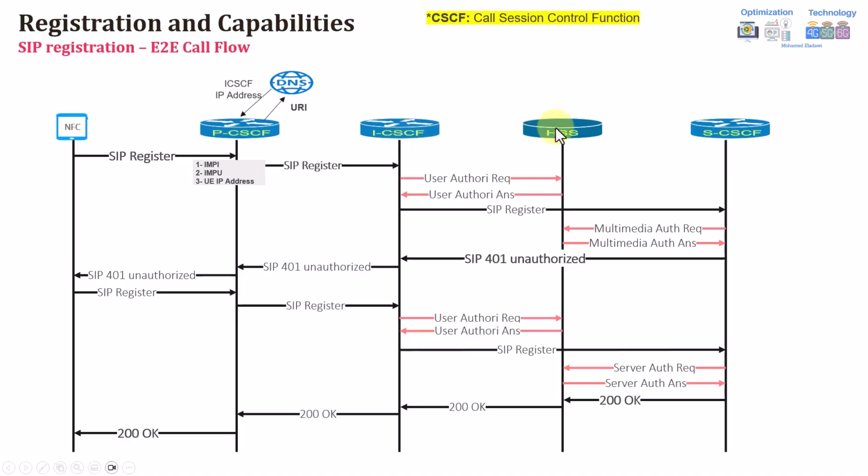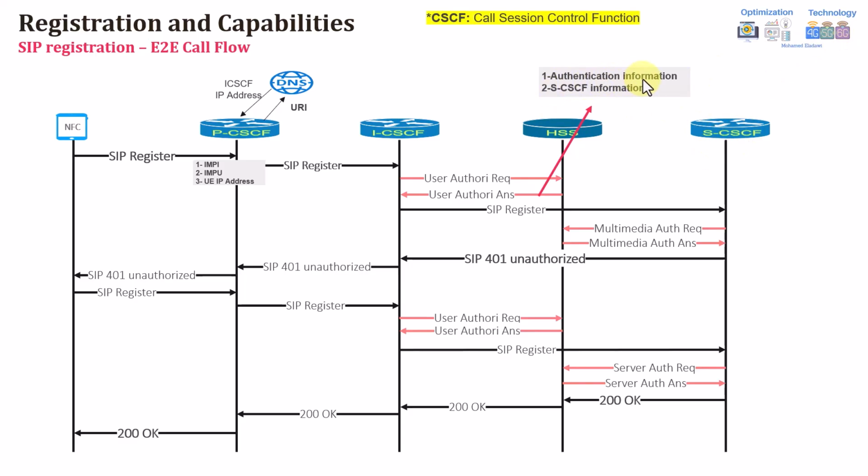It now needs to query the HSS, the home subscriber server, about the IP address of the serving call session control function for this particular user. So it will send this user authorization request. As you can see in the top right, the first part requests the authentication information, and the second part requests the information about the serving call session control function.